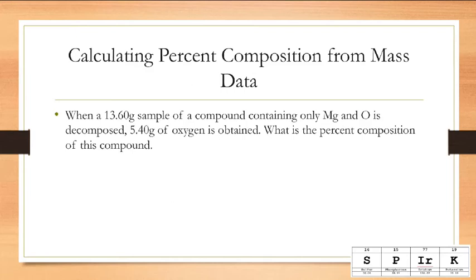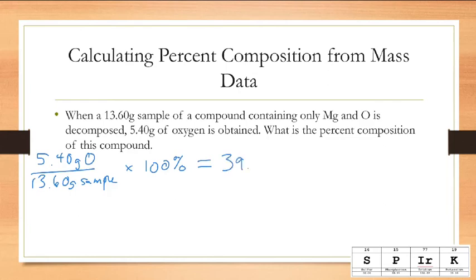Right away we know how much oxygen is obtained, so we can figure out the percent of that. So 5.40 grams of oxygen in a 13.60 gram sample times 100% gives us 39.71% oxygen.